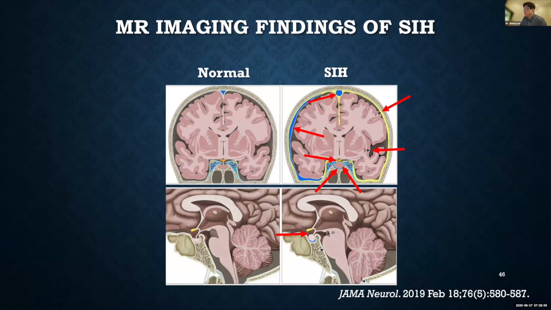On a sagittal view, you can have effacement of the suprasellar cistern. There is effacement of the prepontine cistern and a decreased mamillopontine distance. If you measure a distance from the mamillary body to the top of the pons, it's decreased compared to the normal side here. And you can get a cerebellar tonsil ectopia, or low-lying cerebellar tonsils.